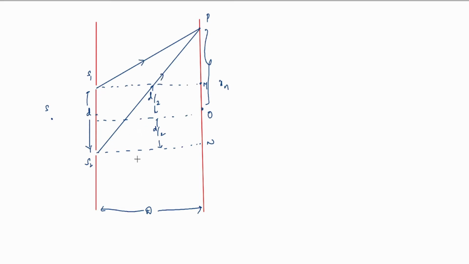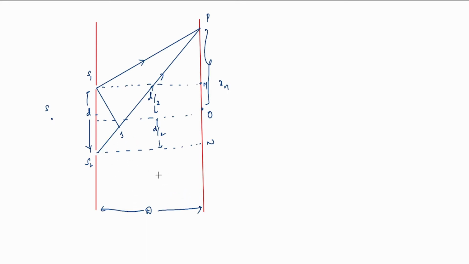So if we drop a perpendicular from S1 onto S2P, let us call this point J. Now the distance S1P is the same as JP. This distance here is the extra distance traveled by the wave from S2, and this is called the path difference.